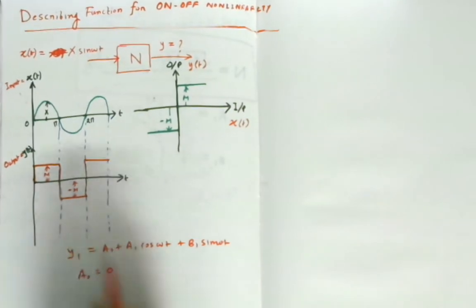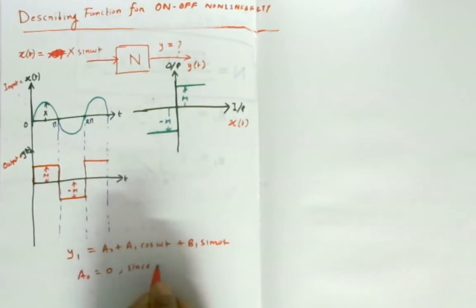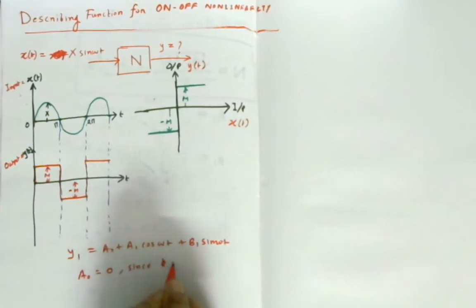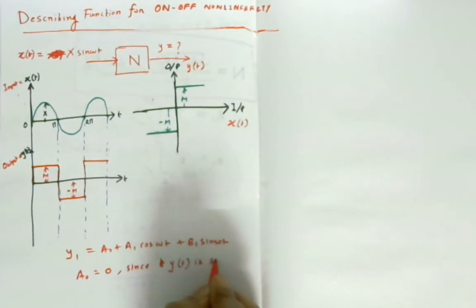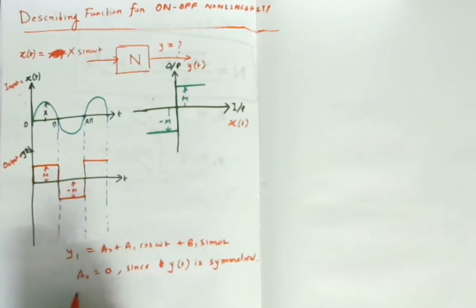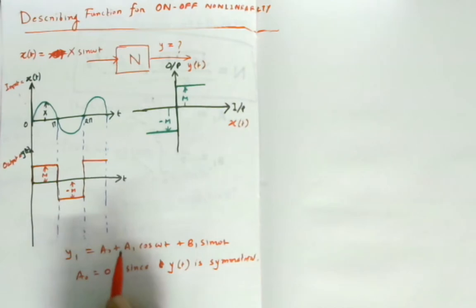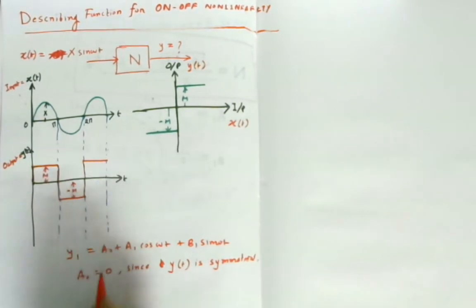And since yt, the output waveform, has odd symmetry, a1 must be 0.